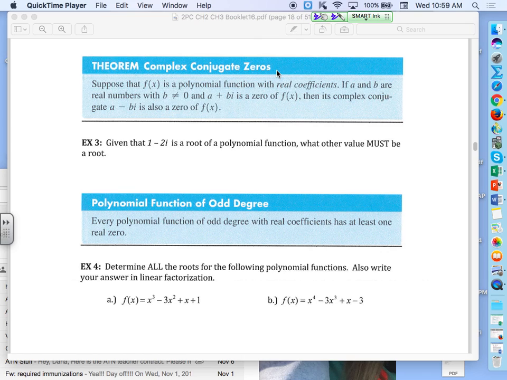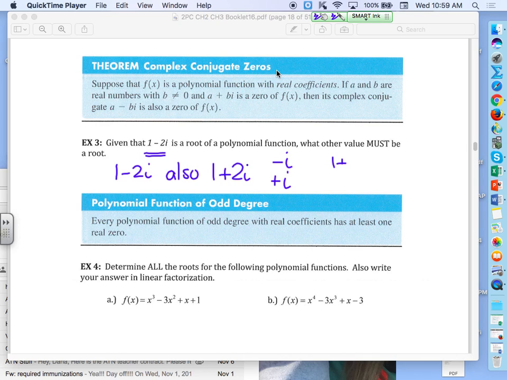This theorem tells us that if you have a root that's 1 minus 2i, then its conjugate is also going to have to be a root, which means 1 plus 2i would have to be a root. If you had negative i as a root, then positive i would also have to be one of your roots. The same holds true for irrational numbers.